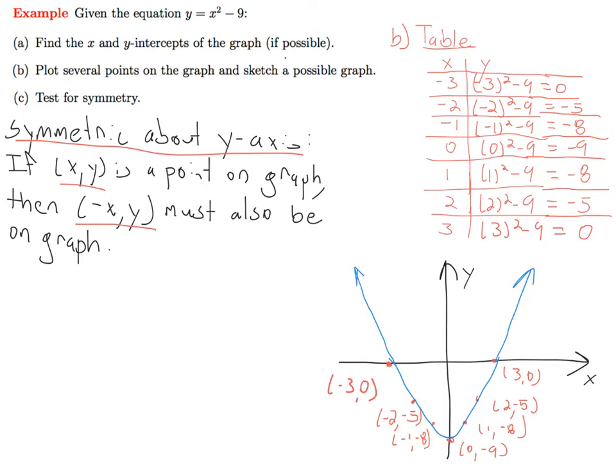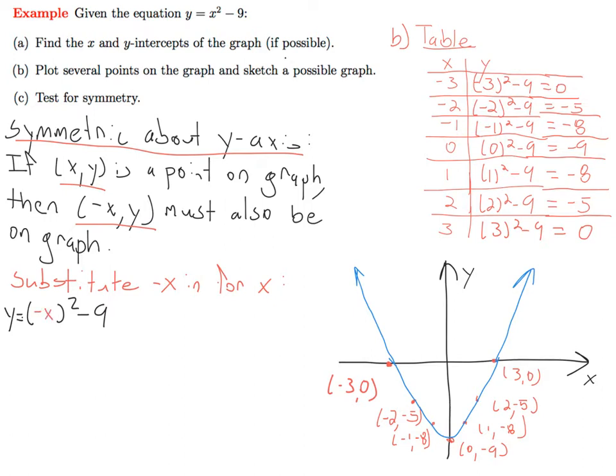So here, what we can do to check is substitute -x in for x into the equation. So the equation was y equals x squared minus 9. And so in place of x, I'm going to plug in -x. And we evaluate.